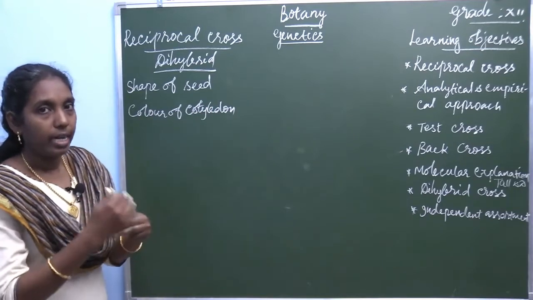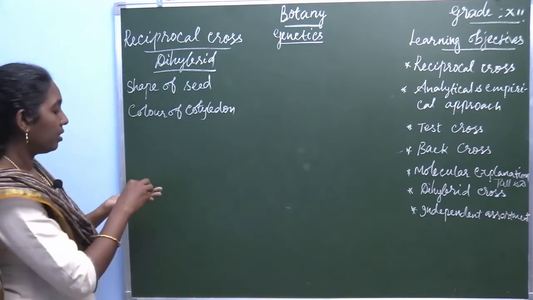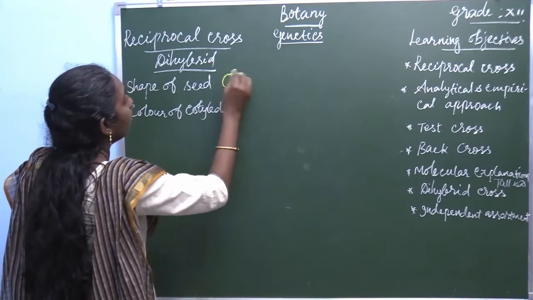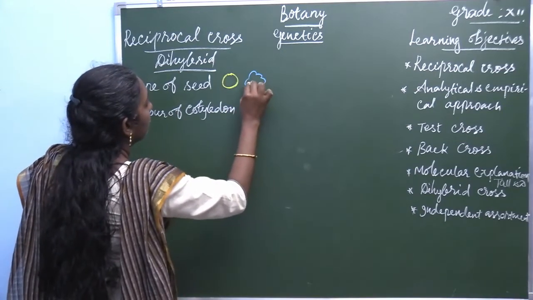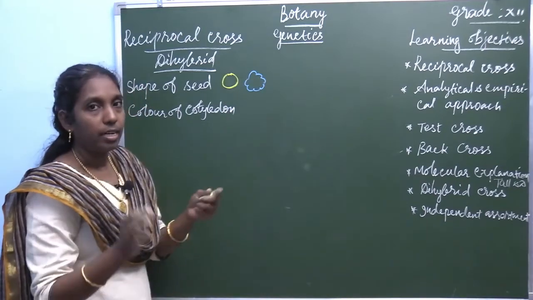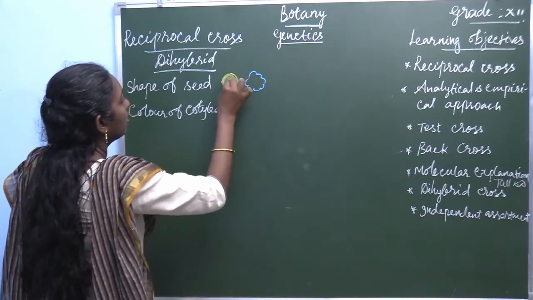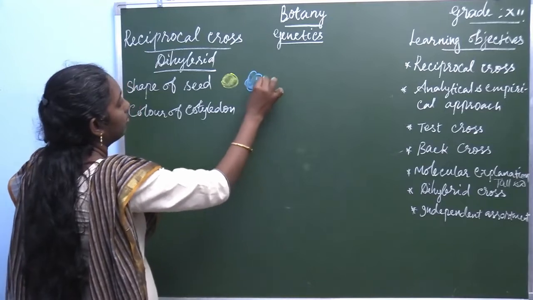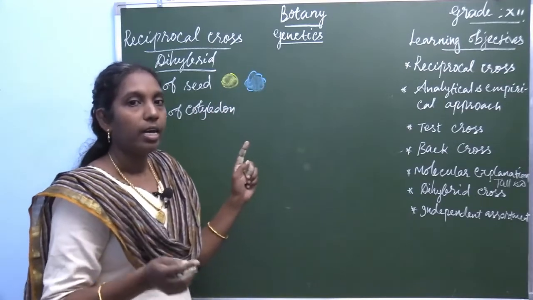So, Mendel selected two contrasting characters. The shape of the seed is round and wrinkled. The color of the cotyledon is yellow and green. So, it shows two contrasting characters.